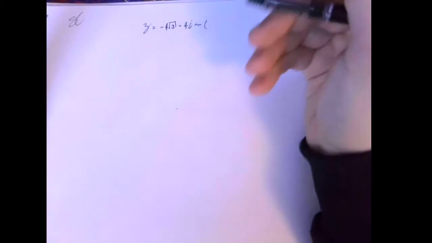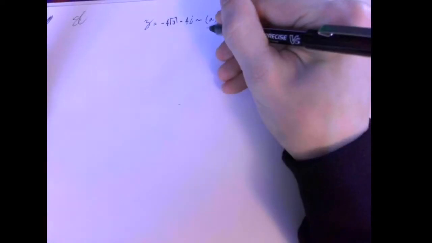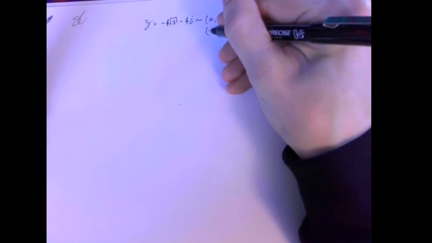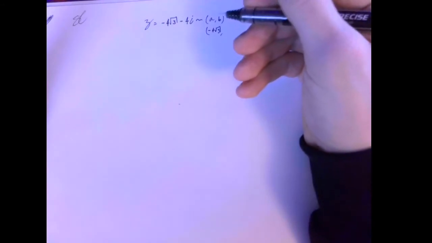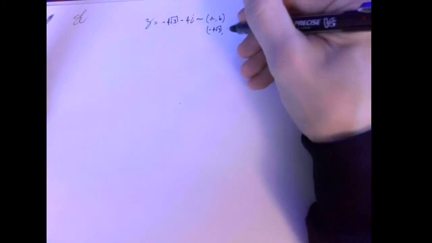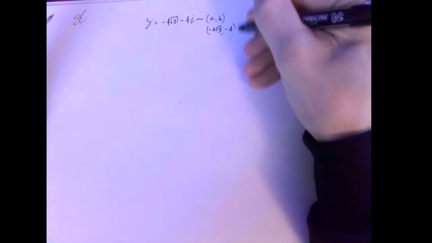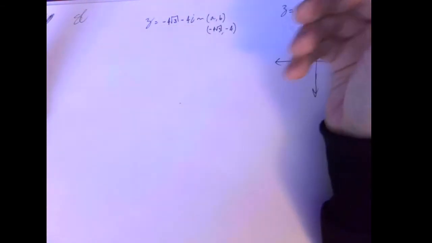The ordered pair is going to be in the form a comma b, right? Where a in this case is -4 square root of 3. That's the real part of z, and the -4 is going to be the imaginary part of z. -4 may be a real number, but in this case it's the imaginary part of z because it's the part that's multiplied by i.